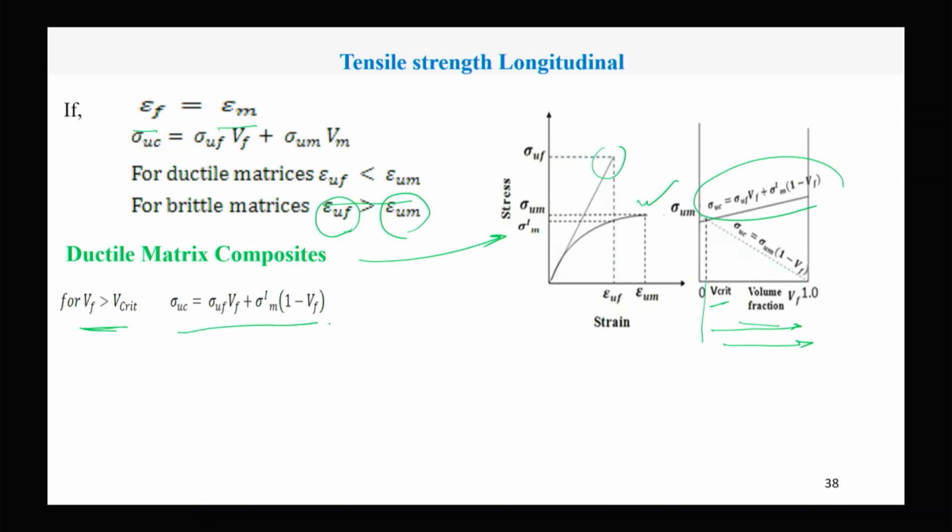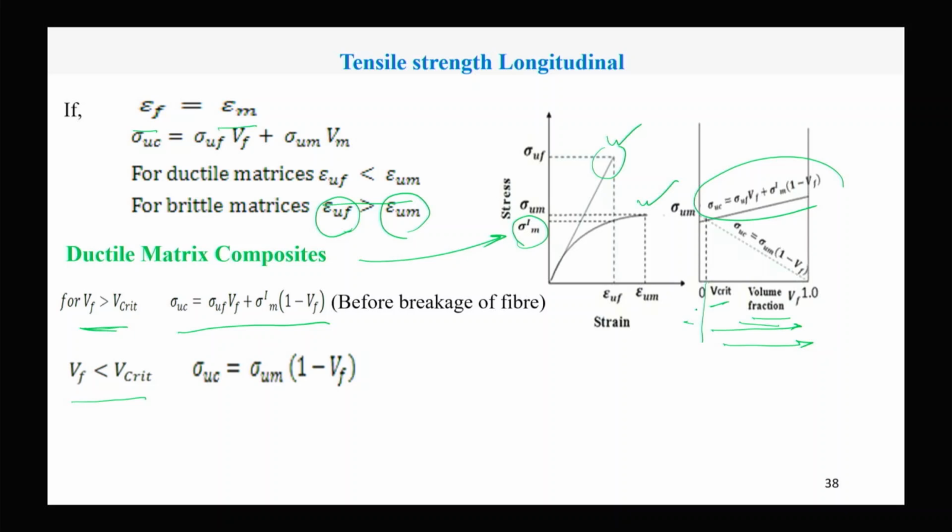This is the relationship, okay, where sigma dash m is nothing but the stress on matrix when the fibers break. This is the relationship here before fiber breakage. And when the volume fraction is less than the critical volume fraction, then the other relationship will work.